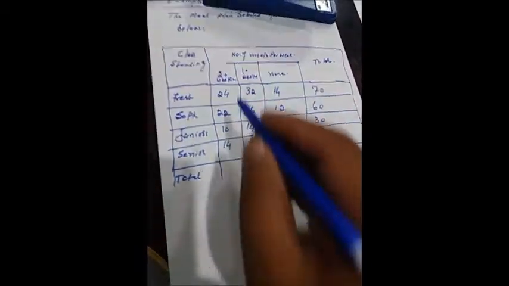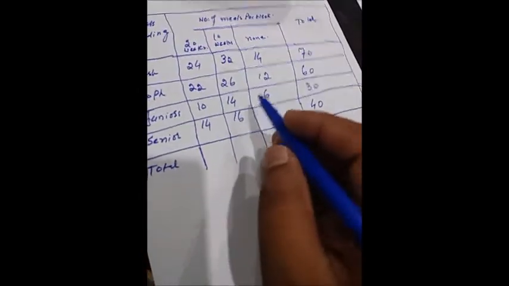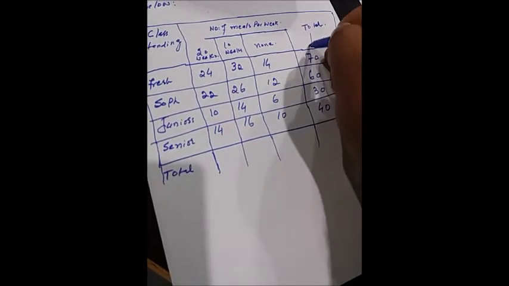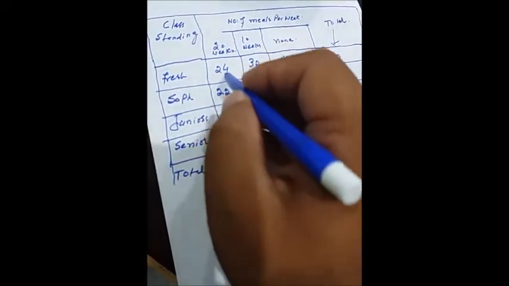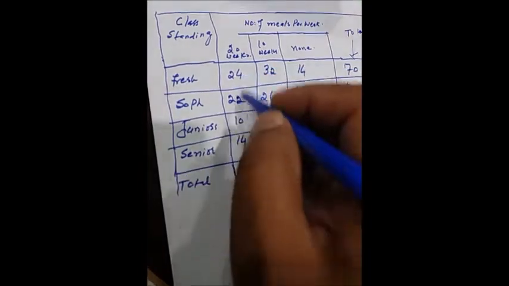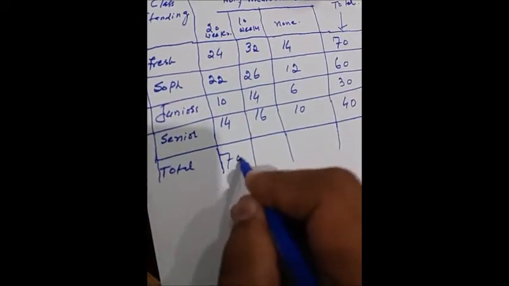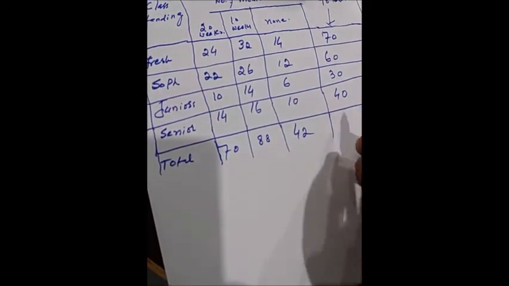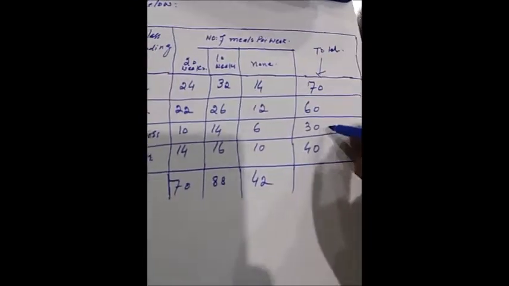As per the formula, we have to make the sum total of columns and the sum total of rows. The sum total of rows is here in this total column, whereas the sum total of columns is 24, 22, 10 and 14, which is 70, whereas for 10 weeks 88, for none 42, and for the total column 70, 60, 30 and 40 is equal to 200.